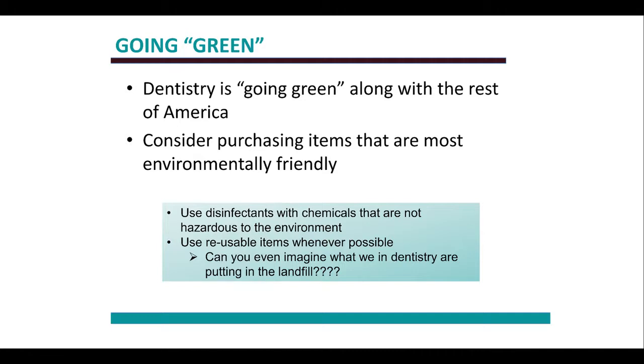And there was something else I was going to say there. Oh, use reusable items whenever possible. Now, by saying that, however, that is a school of thought to use reusable items whenever possible.